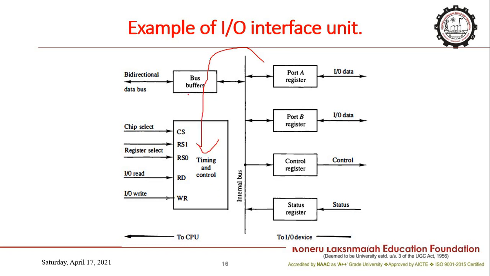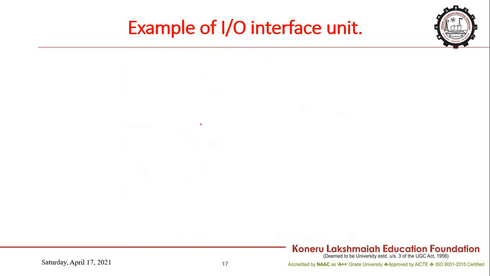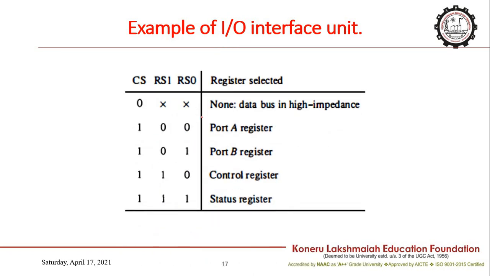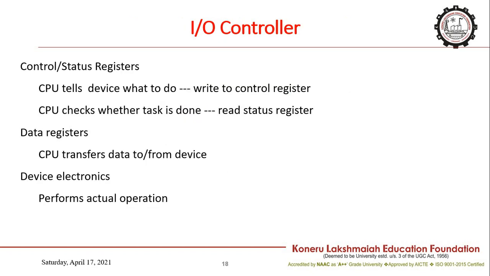As we have discussed all these things before, if we look into this diagram, we can get clarity. This is nothing but the truth table. IO controller or status register. Basically the CPU tells the device what to do.